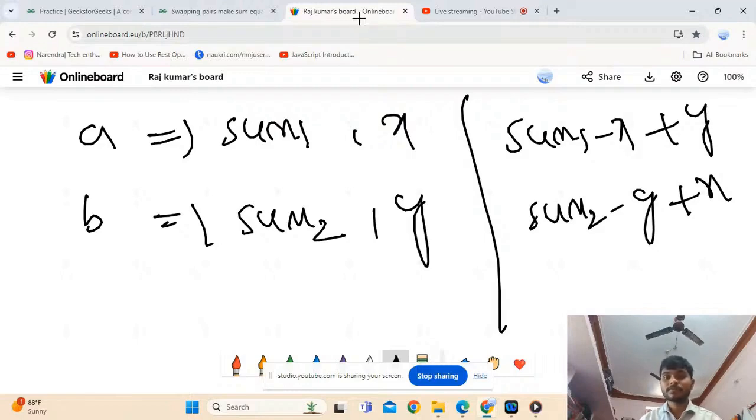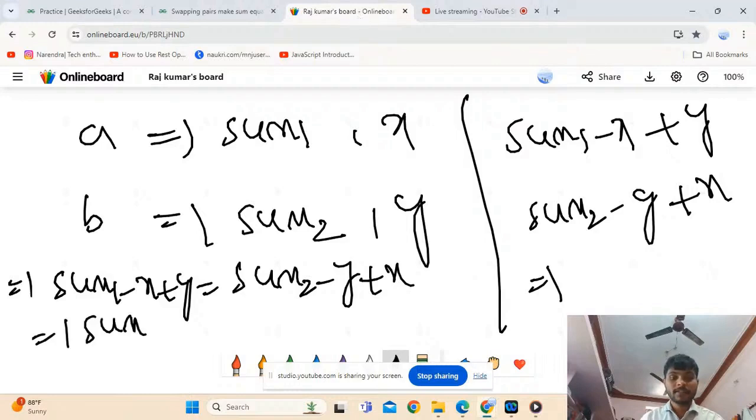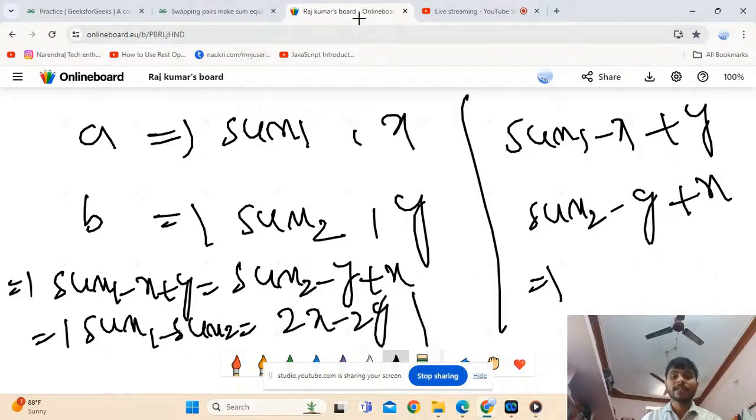Here sum1 minus x plus y is equal to sum2 minus y plus x. Taking x and y to one side, sum1 minus sum2 is equal to 2x minus 2y.